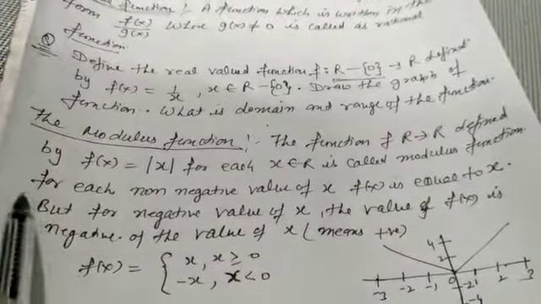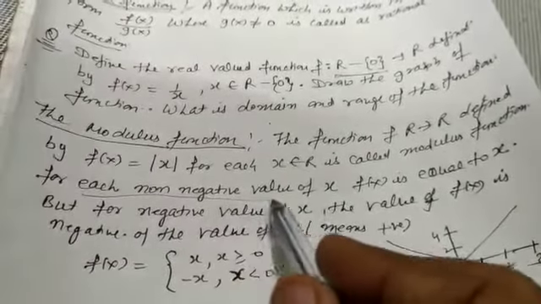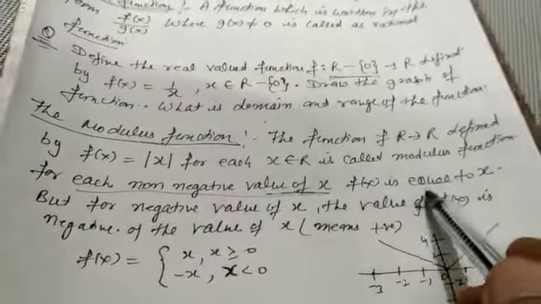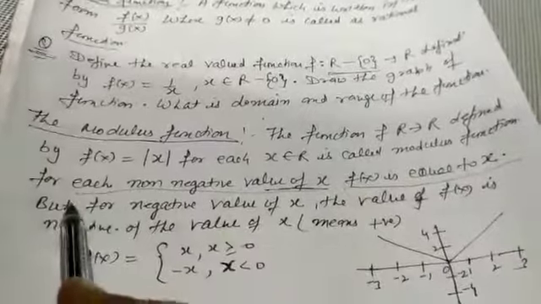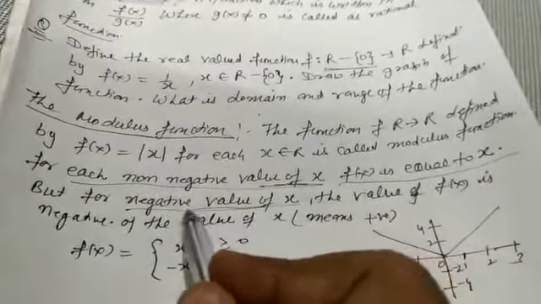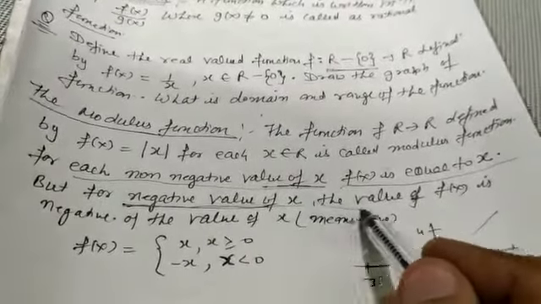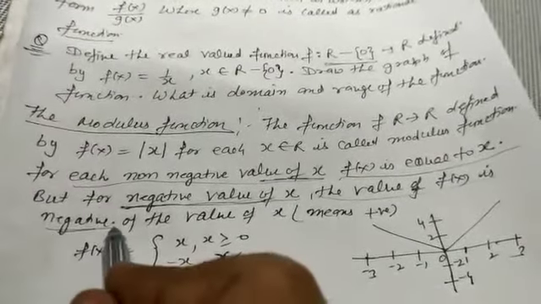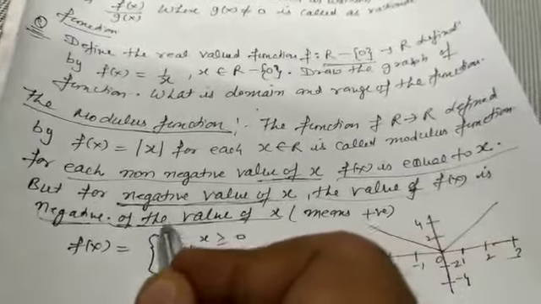Now listen carefully. For each non-negative value of x, non-negative meaning positive value of x, f(x) is equal to x, meaning f(x) is always positive. But for a negative value of x, meaning you substitute the negative value of x, the value of f(x) is the negative of the value of x.